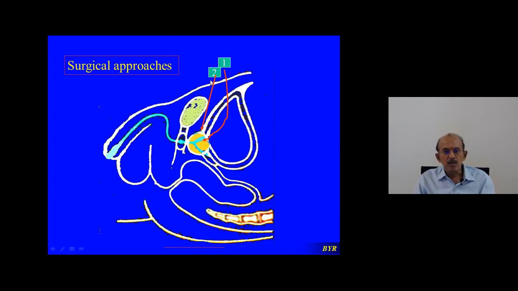So this is called the retropubic approach. The third one is through the perineum. And the fourth one is through the urethra. That is called transurethral prostatectomy.